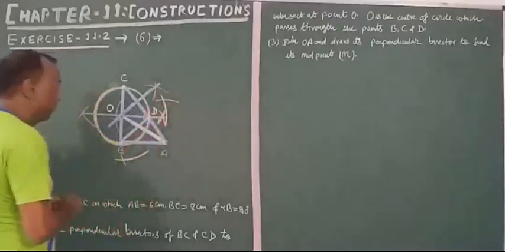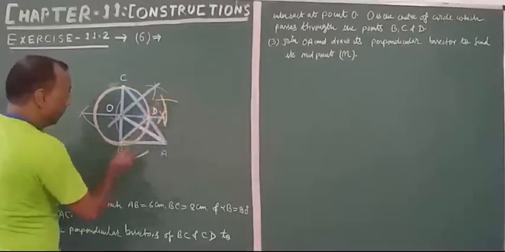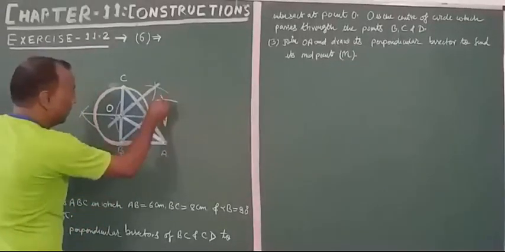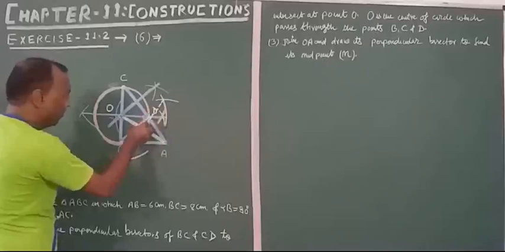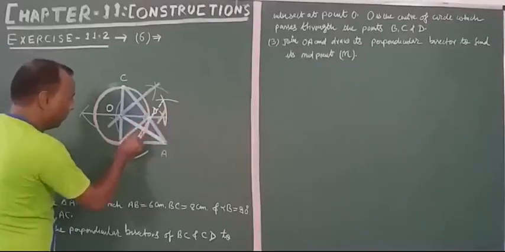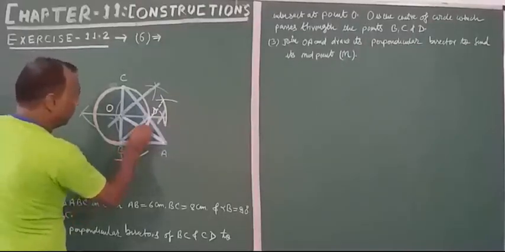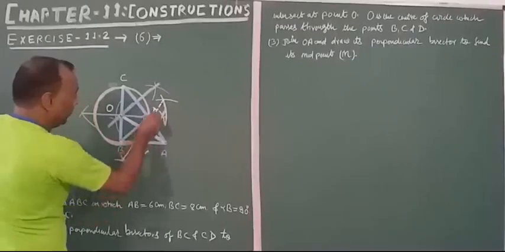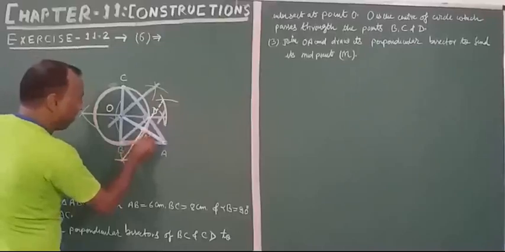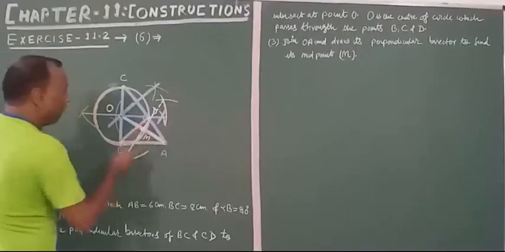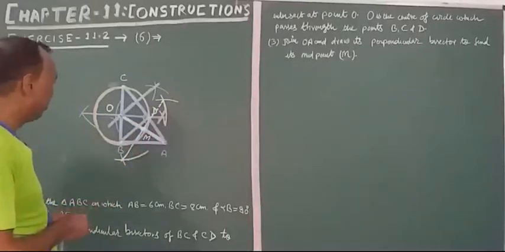So these are the arcs. This is the midpoint M. And then we will take the radius MO or MA.